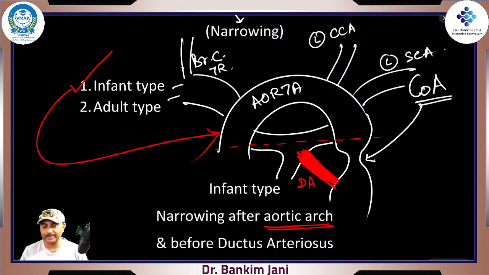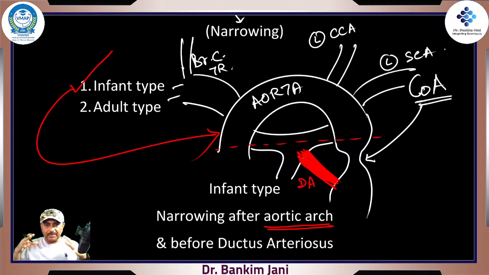So when the narrowing is at this point, will it make any difference? Should it make any difference? Well, a very amazing difference. Wherever there is narrowing, the blood has to struggle to pass through that narrowing.